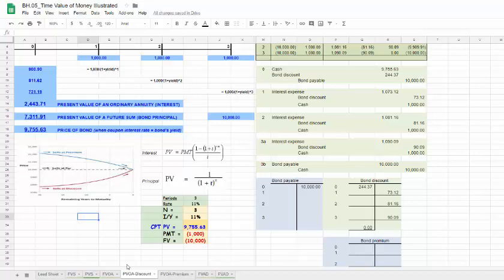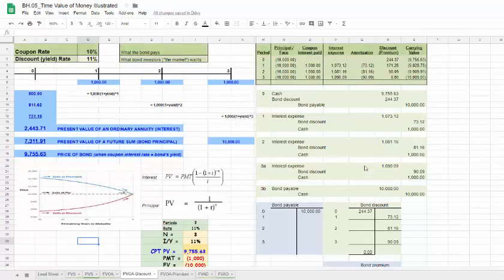What you have in this screen is a review of what you had in Principles of Accounting. Here are the journal entries that you would have made for interest and bond discount amortization. I'll let you look at this right-hand side at your leisure, but we want to go over the present value concept principally here in finance.